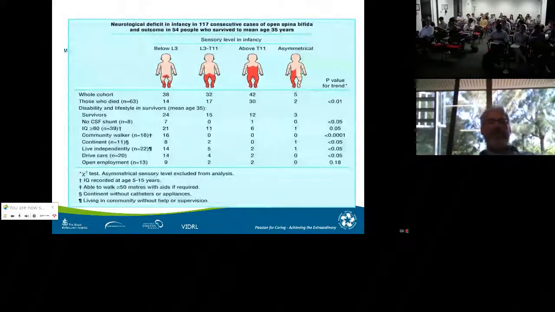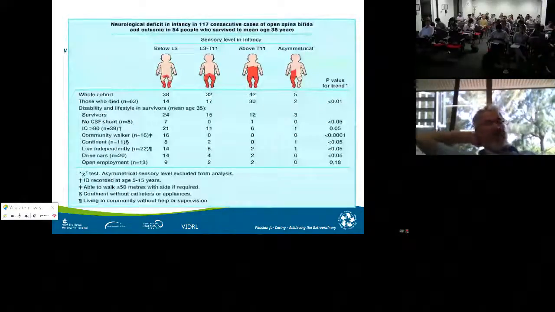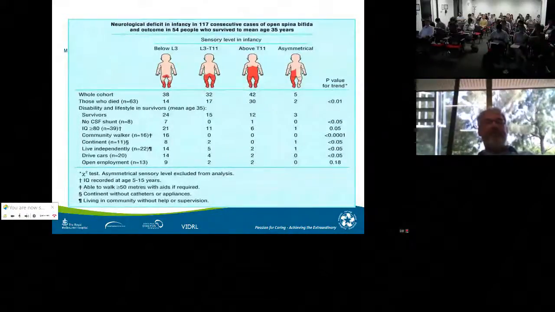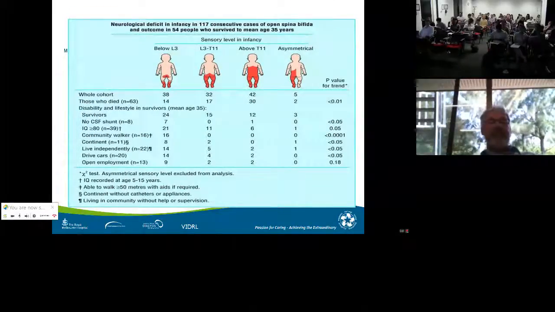So if you actually look at this group of patients, and I think they're from Oakeshott's study in the early 2000s, if you look at the major groups below L3 from the thoracolumbar area and above, you can see that in this group there is quite a sizable percentage of thoracic spina bifidas, but a very much larger percentage of those with higher lesions had died.